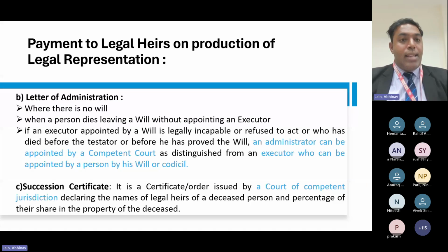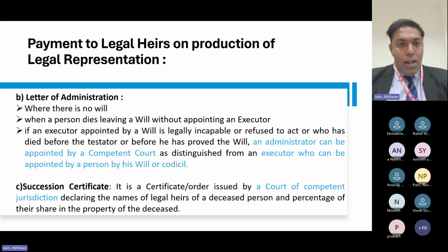Next is administration letter, that is, letter of administration. Where a person dies without leaving a will or appointing an executor, or if an executor appointed by will is legally incapable, refused to act, or had died before the testator, then letter of administration will come into the picture.